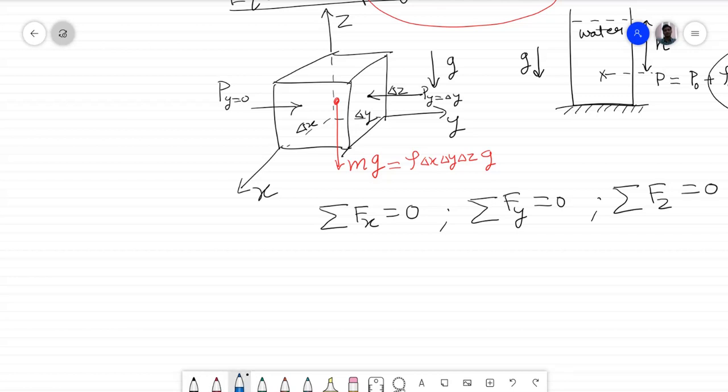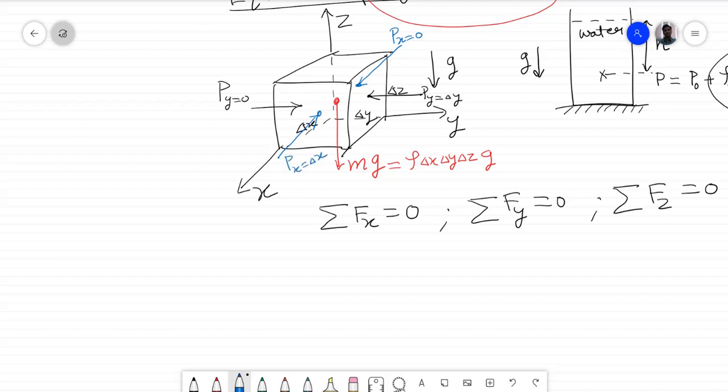Let us show that in blue color. This is pressure at x equal to 0, and this is pressure at x equal to delta x.